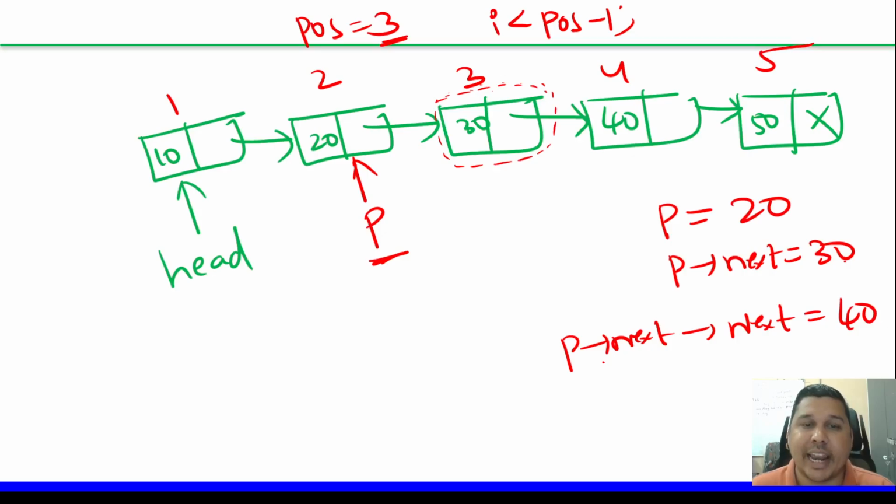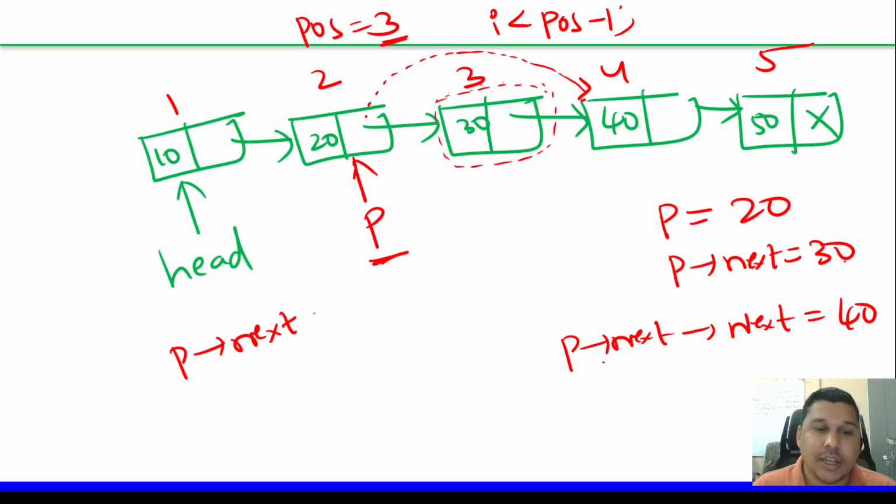How do we delete an element at a given position in a single linked list? Simply one change. We will break the chain and create a link between these two. How? Write P's next, that is this box, equal to P's next's next, that is 40.